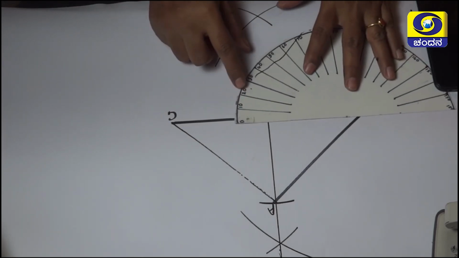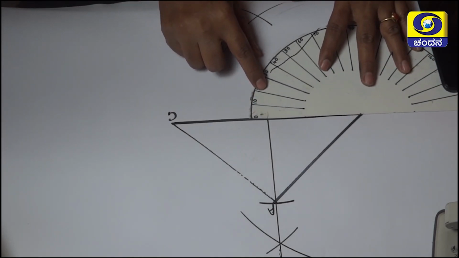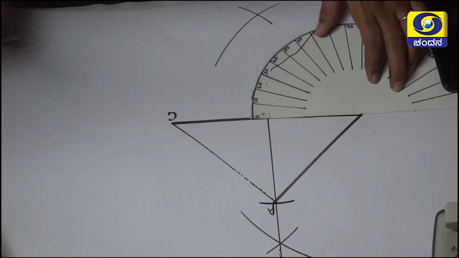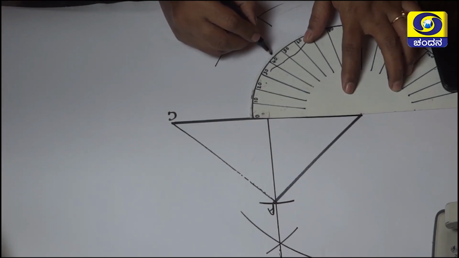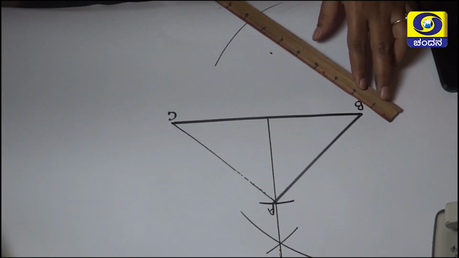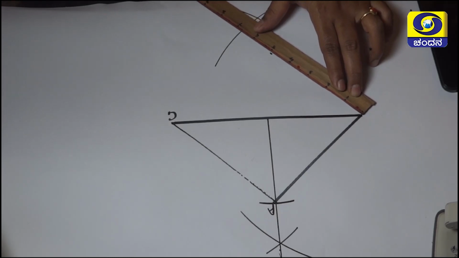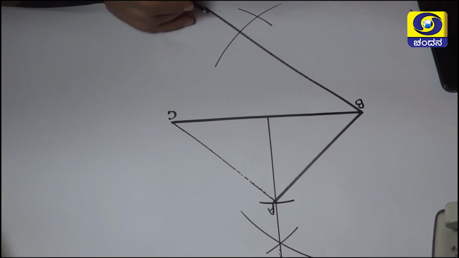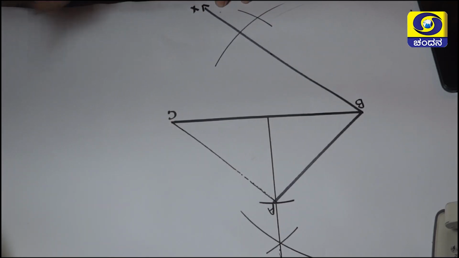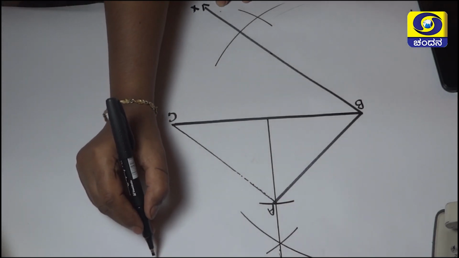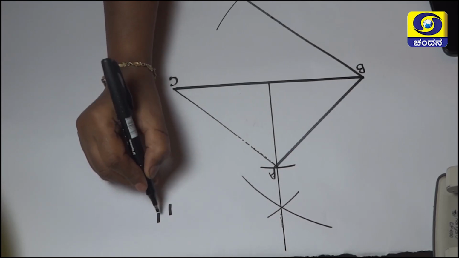To construct similar triangle, keep the protractor at point B. Mark 45 degrees. Draw a ray passing through this point. Let us call this ray as BX. Now let us take our ratio factor, which is 1.5.